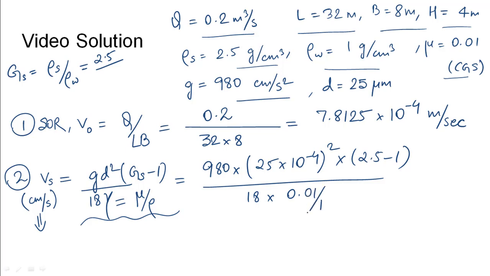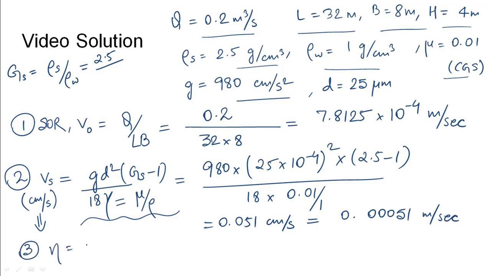So 0.01 by 1. This would give the value as 0.051 centimeters per second. This can now be converted to meters per second. That would give 0.3051 meters per second.